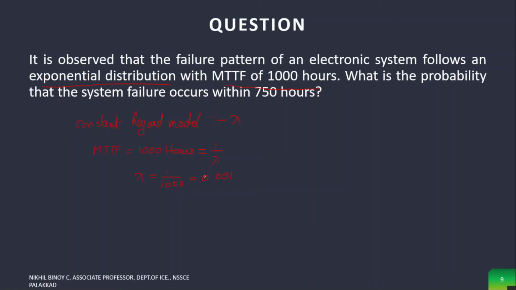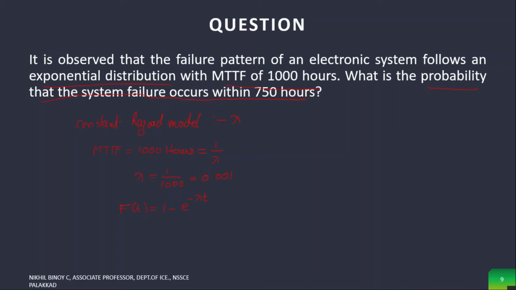Now what is the question? What is the probability that the system failure occurs within 750 hours? They are asking for the probability of failure. What is the equation of probability of failure?